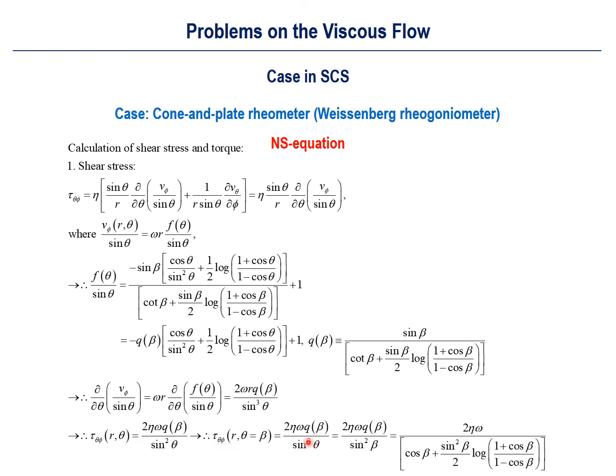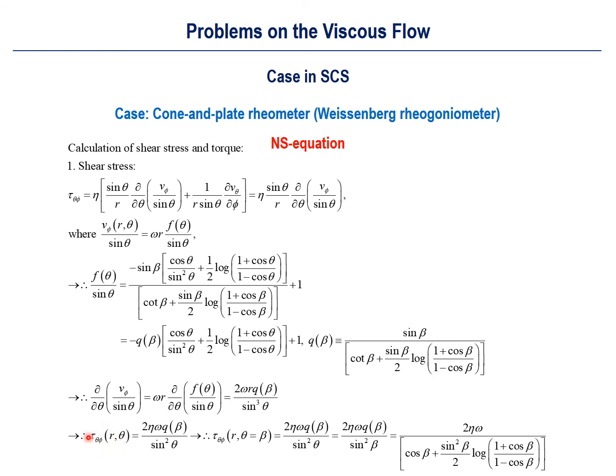And please note that there is a relationship between the viscosity here, the angular velocity here, and the cone angle beta here. All you have to do is just measure the angular velocity and beta to calculate eta here using the tau or shear stress here.